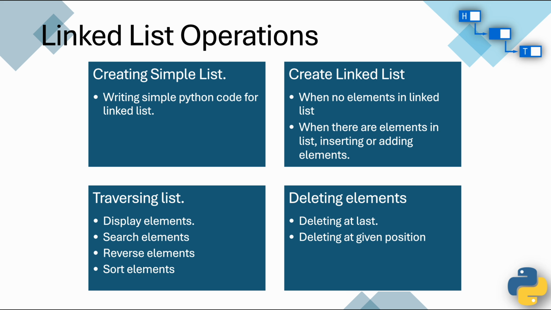And when there are elements in the list, how do you insert them? Adding elements at the end, how do you do that? Traversing the list, display, search, reverse, and sort operations, I will not do all of these in one video, so I will do them in the next videos. But we will see the basic code here.